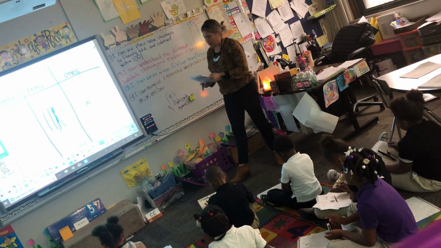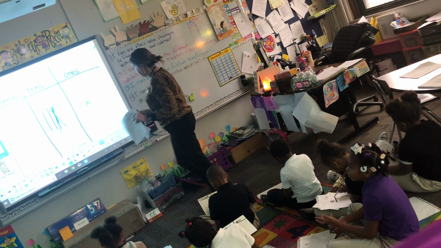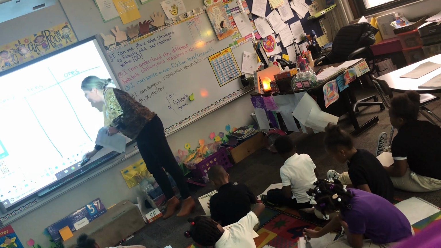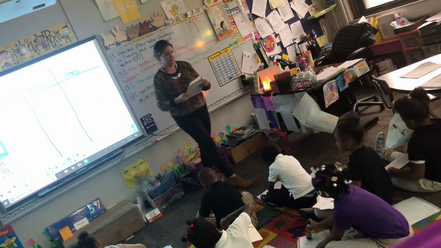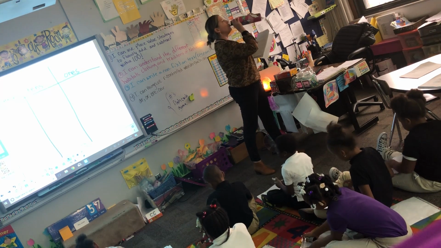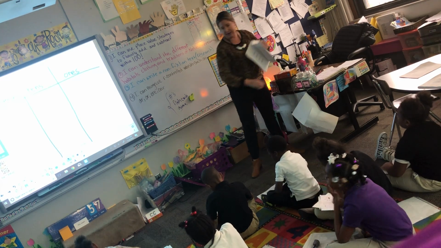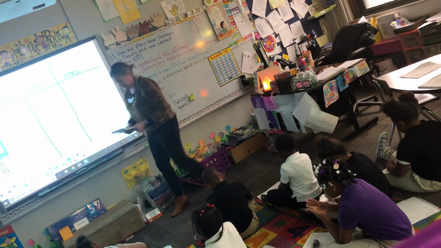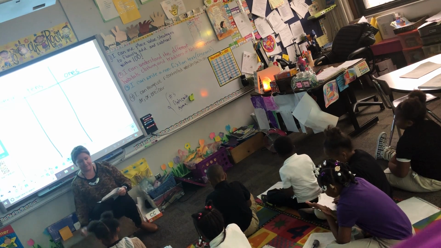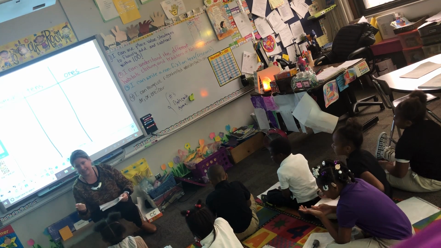All right, now I want you to erase. For every number I say, you're going to say a number that is 1 more. So when I say 5, you're going to say 6.